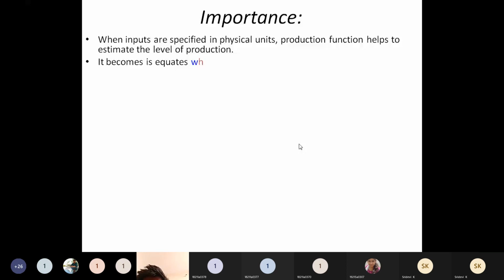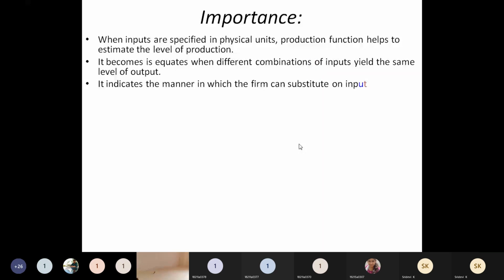Everything you can find out. And you can take a decision up to which number of workers you need to increase your output.